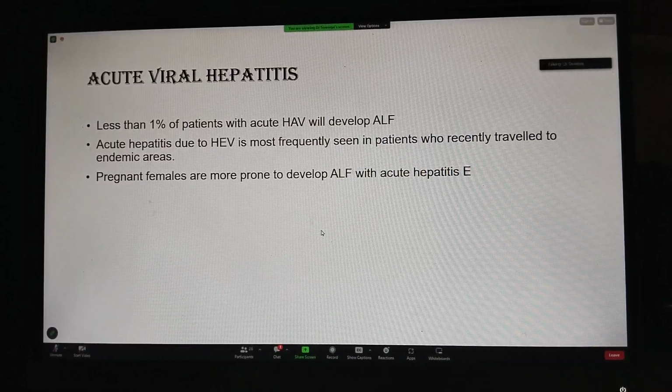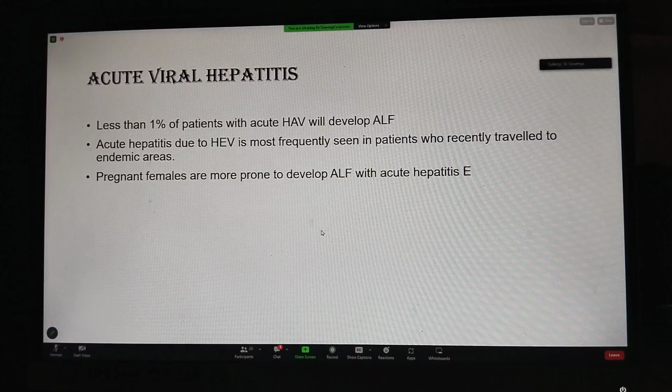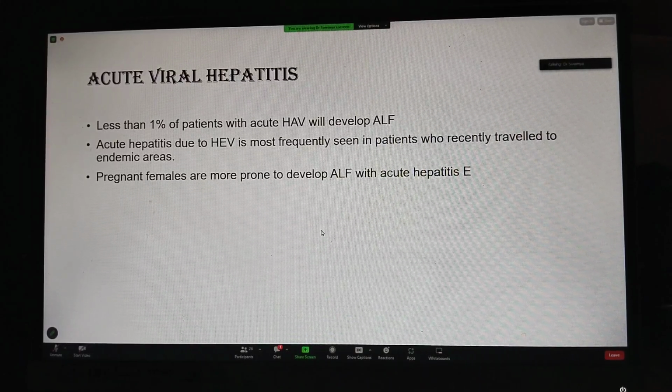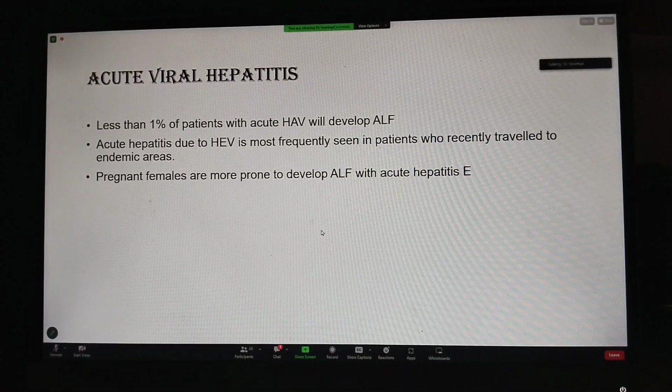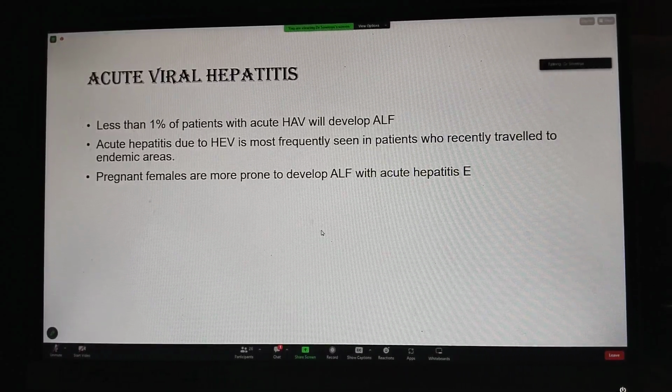Acute hepatitis due to HEV is most frequently seen in patients who have traveled to endemic areas, and pregnant females are more prone to develop ALF secondary to acute hepatitis E. Hepatitis D virus alone, we don't usually get infection. It's usually a co-infection or superinfection with hepatitis B infection.